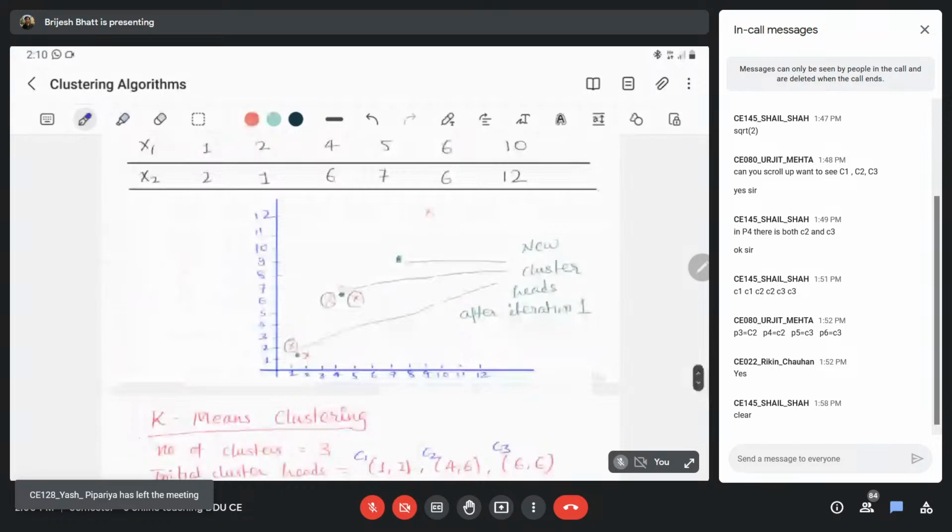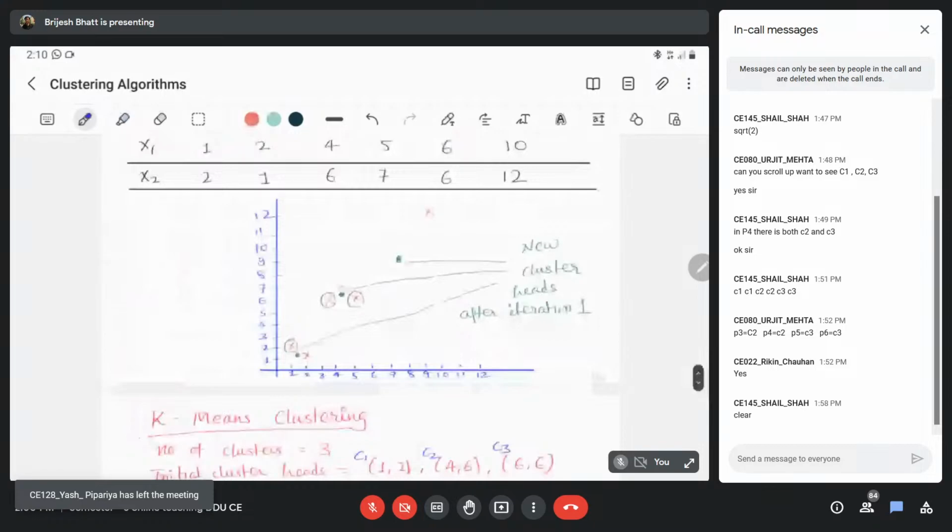And that cluster assignment has not changed, and the algorithm stops. Right? So this is how k-means reaches the optimal clusters.